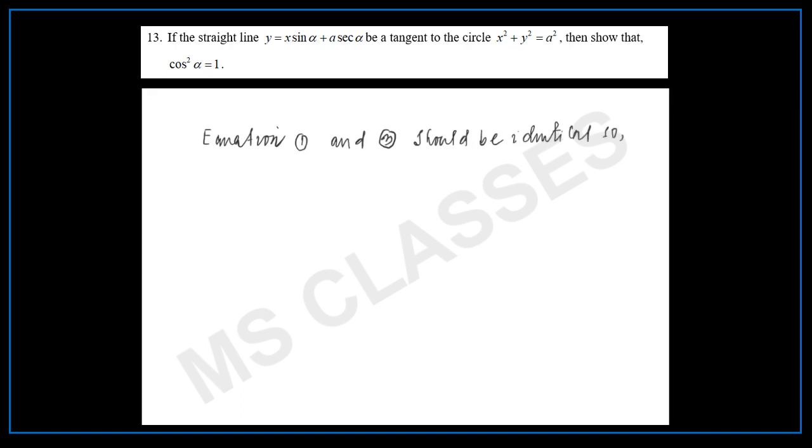So on comparing the coefficients, we get x1 by minus sine alpha equal to y1 by 1 equal to a square by a sec alpha.